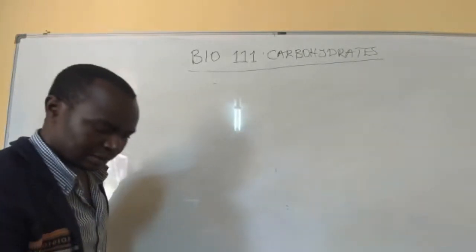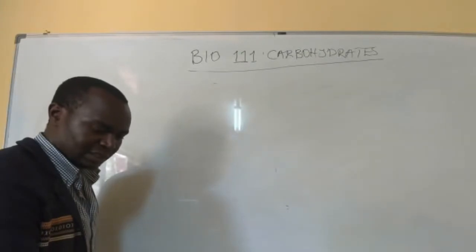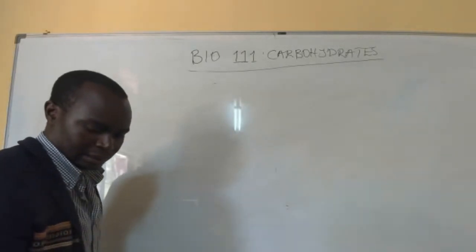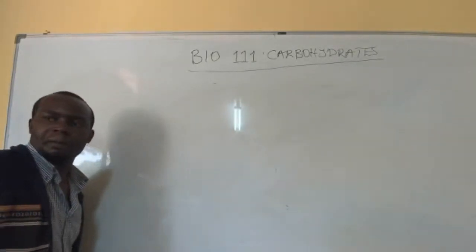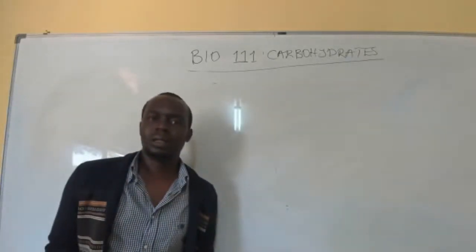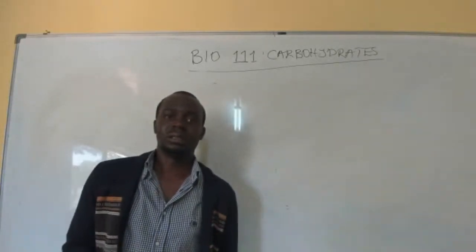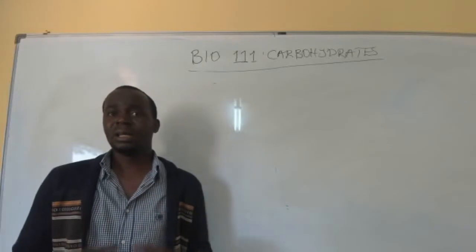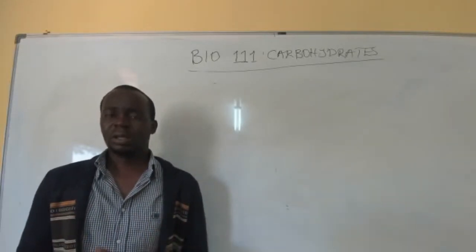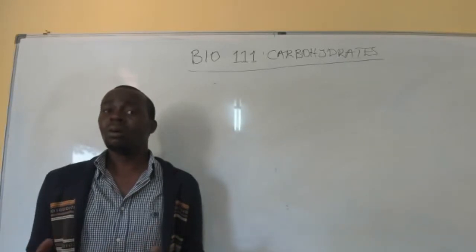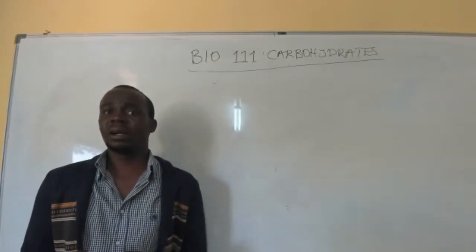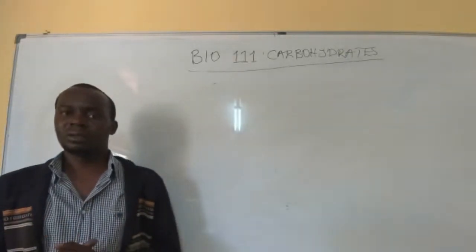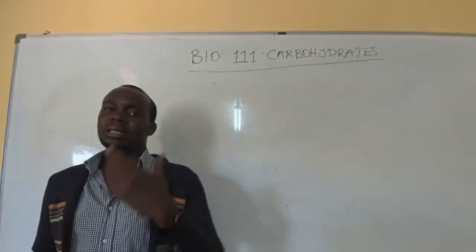Question number 7 reads, illustrate the process of condensation and dehydration using a non-chemical reaction. Okay. By definition, condensation is a chemical process, and when we are talking with respect to carbohydrates, this is a chemical process in which two or more monomer units, which are monosaccharides, are joined together to form glycosidic bonds where water is liberated.